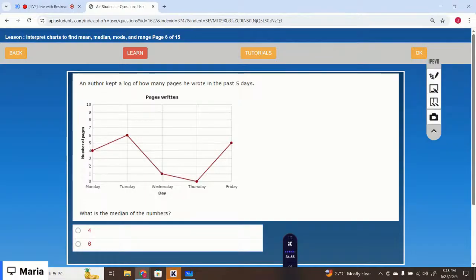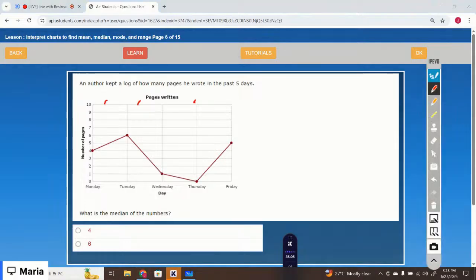An author kept a log of how many pages he wrote in the past 5 days. What is the median of the numbers? The median is the middle number of the data. So the numbers are four, five, one, zero, five.